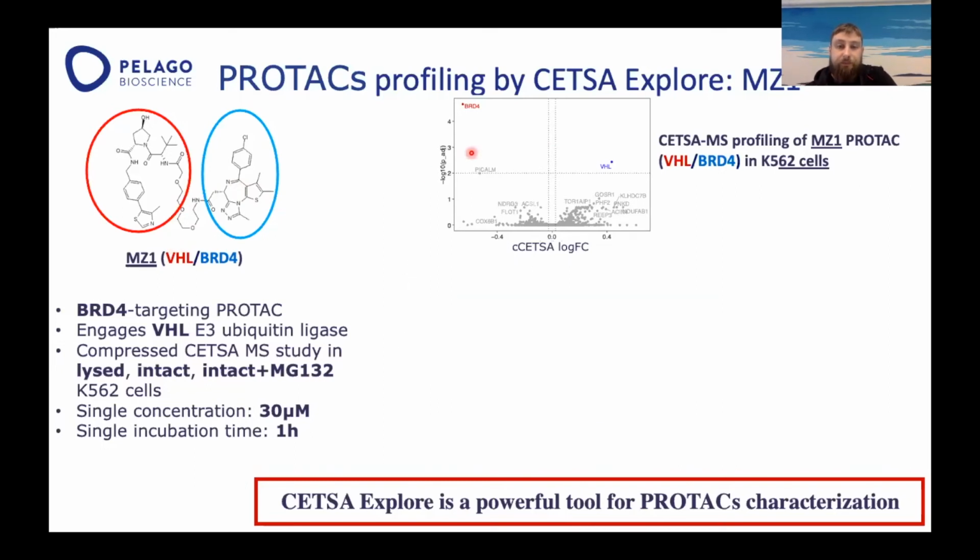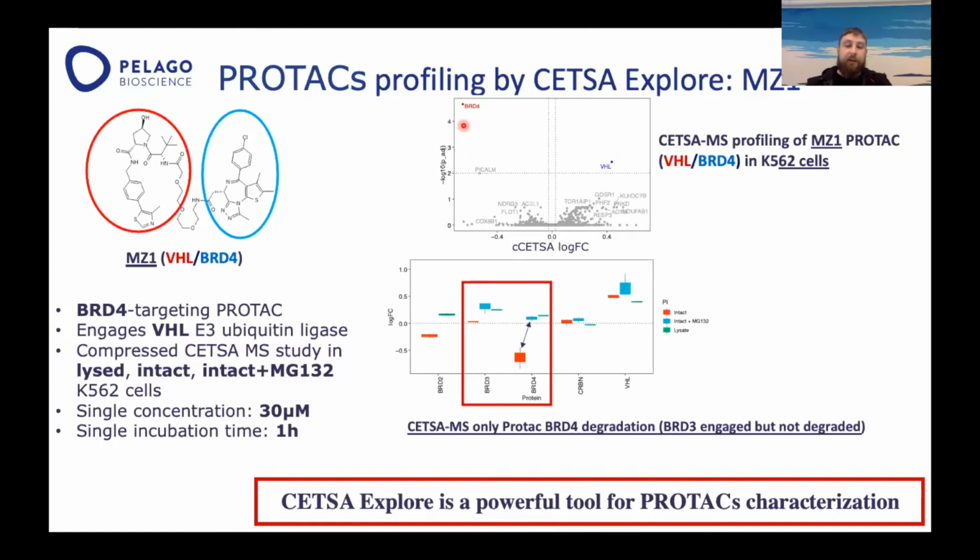When we do the CETSA MS profiling, we can clearly identify VHL as the stabilized protein and BRD4 as a clearly and specifically degraded protein in one experiment. And then we did another study in the lysed cells and in the intact cells with inhibited proteasome, and we could clearly see that inhibition of the proteasome reversed the degradation of BRD4.